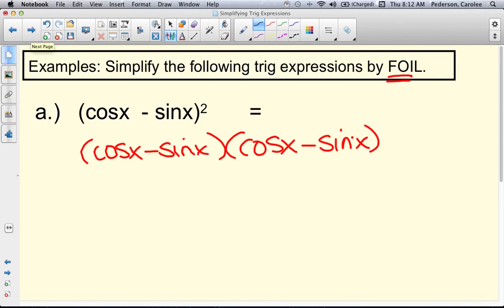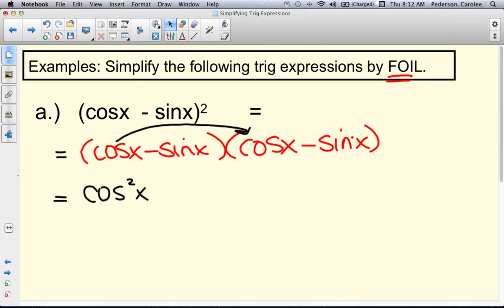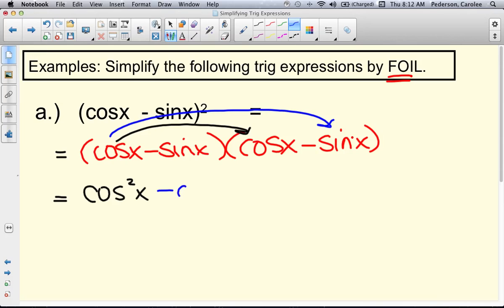So first, cosine of x times cosine of x is cosine squared of x. Then we go to outside. Cosine of x times negative sine of x is negative cosine of x sine of x.